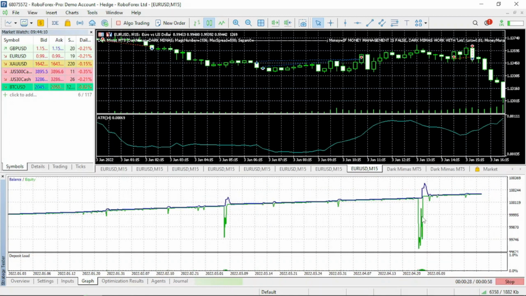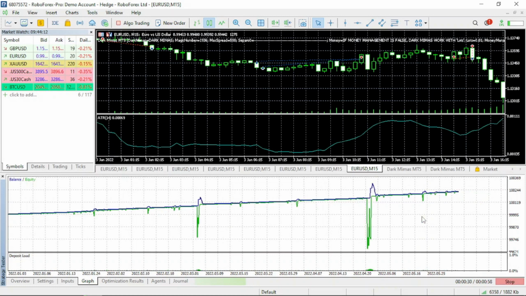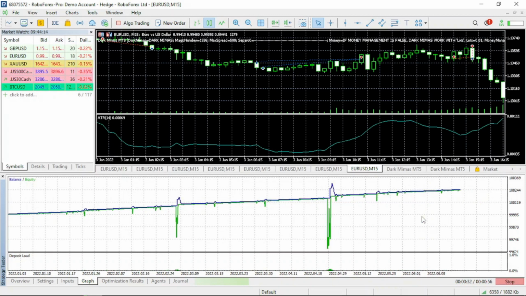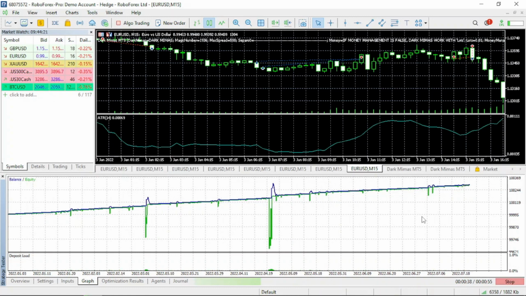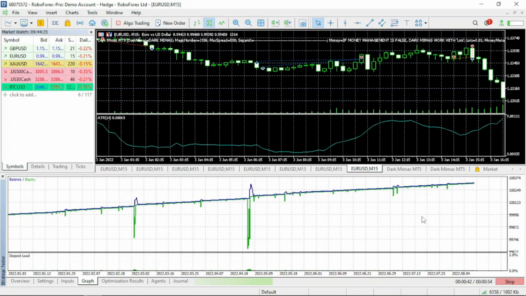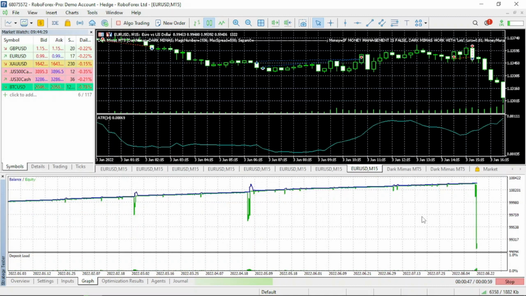And again, we have that period of drawdown. So even though it looks better and we have reduced the drawdown a little bit, I want to see if we can reduce it even further moving forward. Now, this backtesting is done on a Forex account, so you will need to adjust it according to your own broker.